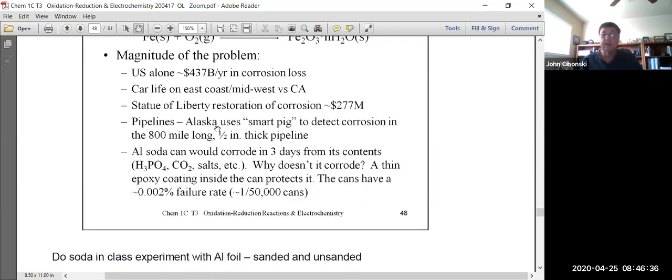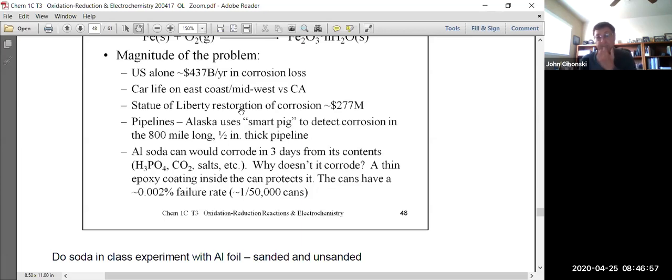Not that long ago, some of you may actually remember the Statue of Liberty was restored. Now, that's copper corrosion. What had happened was the rains and acid rain, pollution would get on that copper.